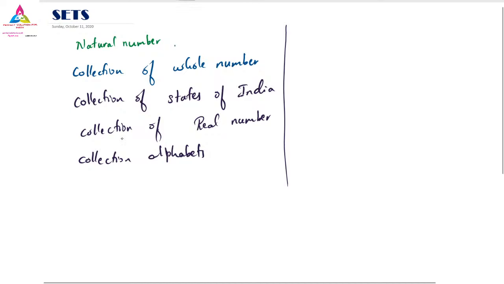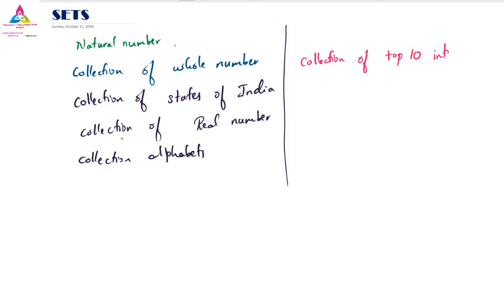I can say one more thing: the collection of top 10 intelligent people in the world. See, this is the question I have given here. Collection of top 10 intelligent people in the world.